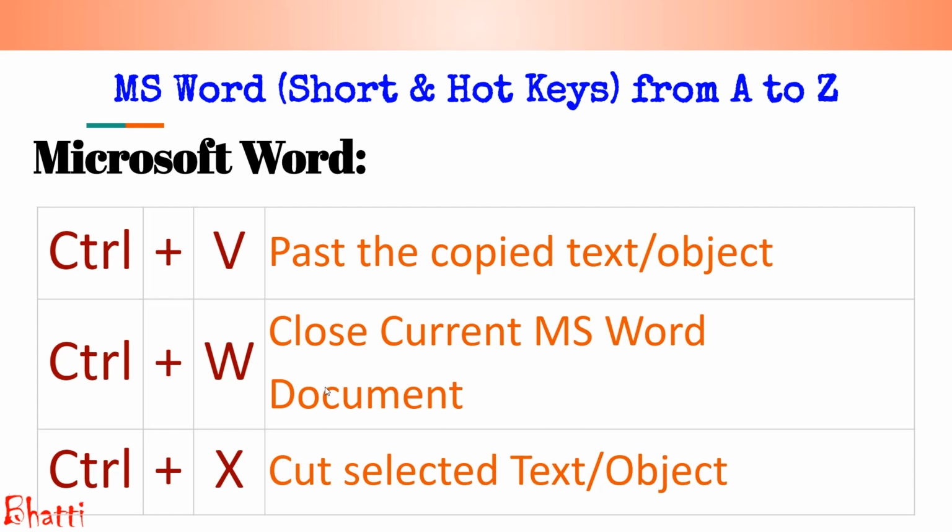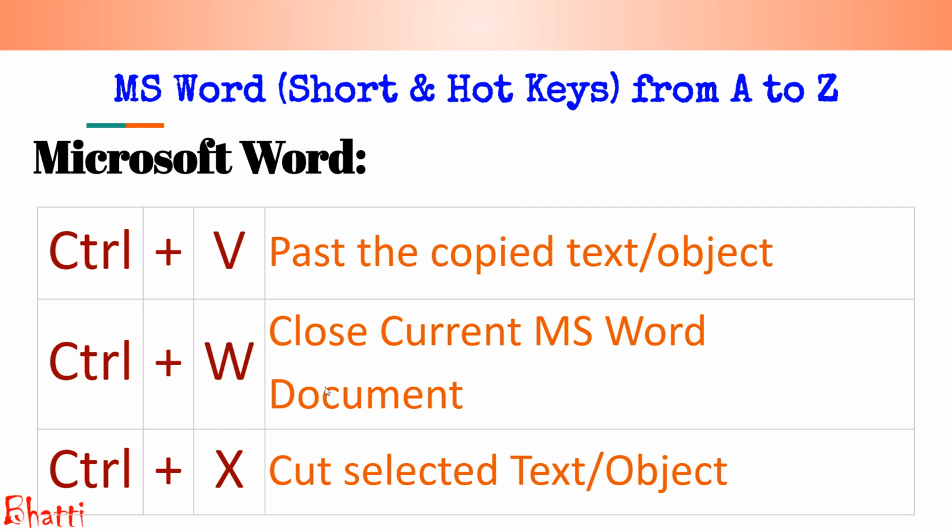If I open 5 documents and I want to close only the current document, I will use Control W. If I have 2, 3, 4, 5 documents and I want to close all of them, for this Alt F4 is used to close MS Word, but Control W is used to just close the current document.